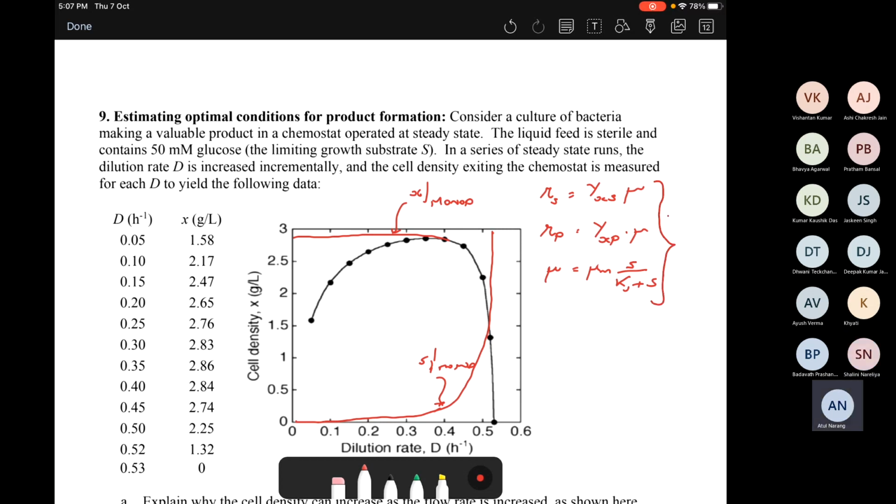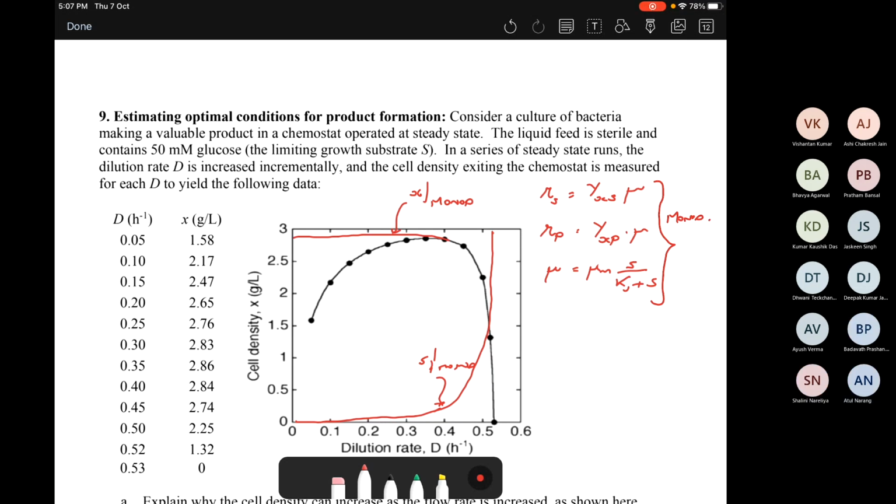Now, the first thing that we discussed, we had an entire 2 or 3 lectures on this, was that there are instances where the stoichiometric coupling breaks down. By stoichiometric coupling, I mean that these rates are not directly proportional to the growth rate. It is not a single reaction, there are multiple reactions.